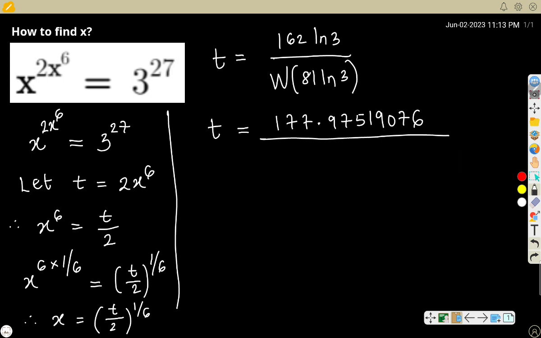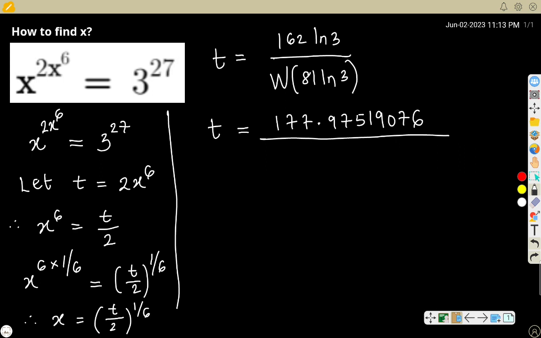So let me show you in a scientific calculator. You can use Wolfram Alpha, that is an online calculator. Or you use a scientific calculator like Casio. So if you use Casio, let me show you how to use Casio. Let me display the calculator.